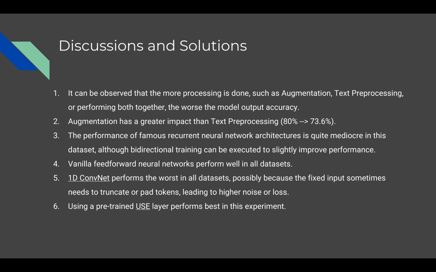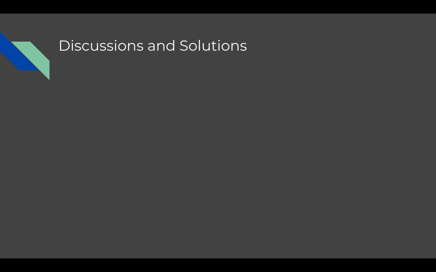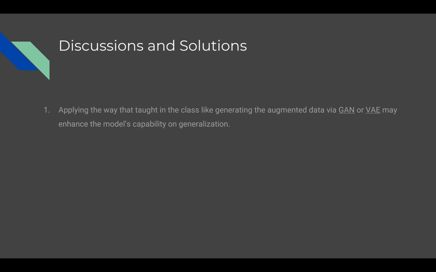Now, let's move on to possible solutions to improve the model performance. Firstly, we can try to generate augmented data via GAN or VAE as we learned in class. These methods may improve the model's ability to generalize and achieve better accuracy.